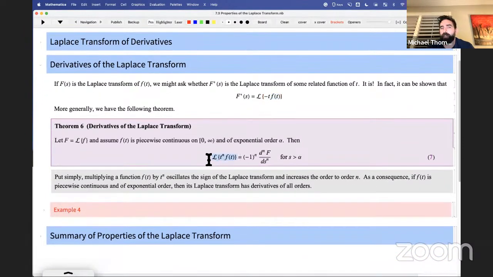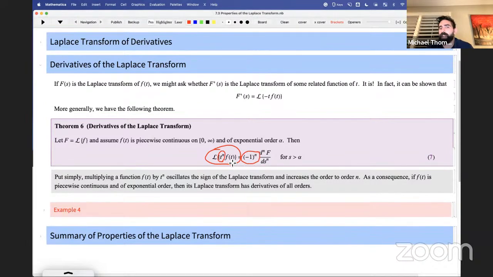So here's the pattern. We're kind of going in reverse now, so switch sides. Basically it says, if you take the Laplace transform of a function times t to the n, that's the thing we're curious about. What happens is the signs oscillate depending on the order of n. So there's your oscillation in sign.